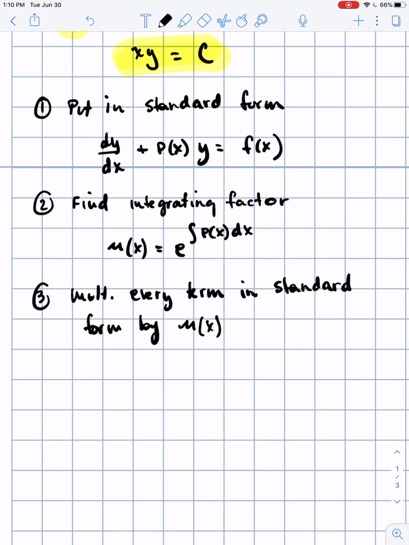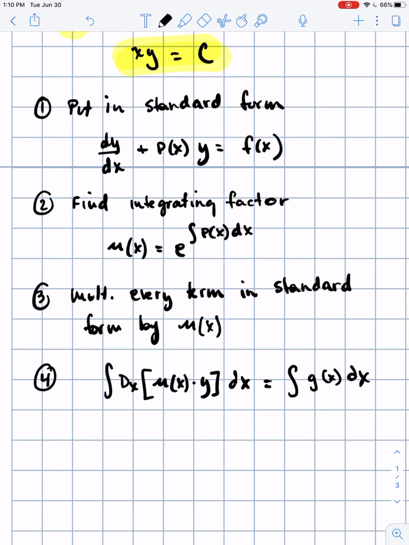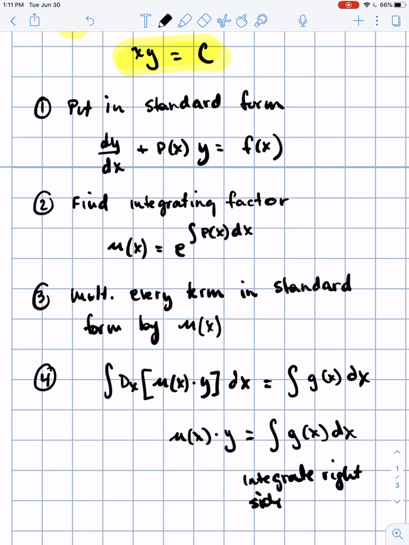And then what you will notice is that you'll have the derivative of that integrating factor times y equal to some other function, I'm just going to call it g of x. Then you go from there where mu of x times y is going to equal the integral on the right side. And then just integrate the right side and solve.